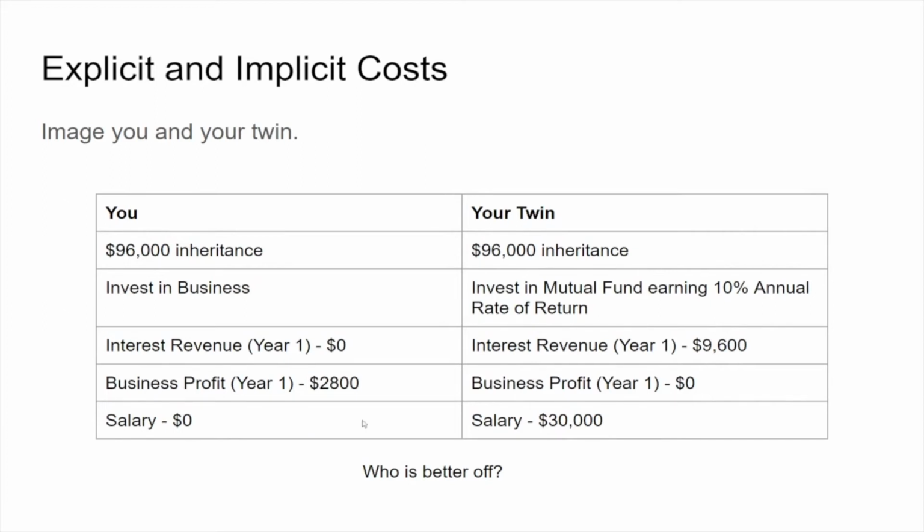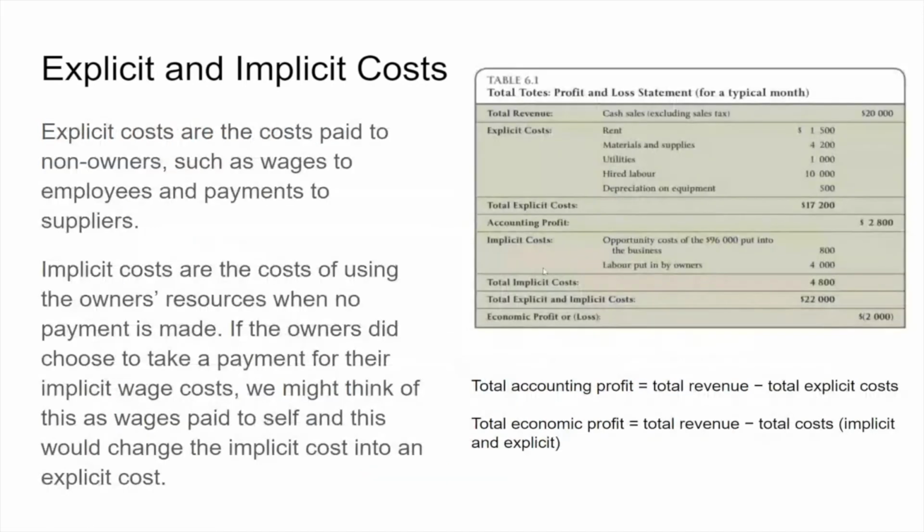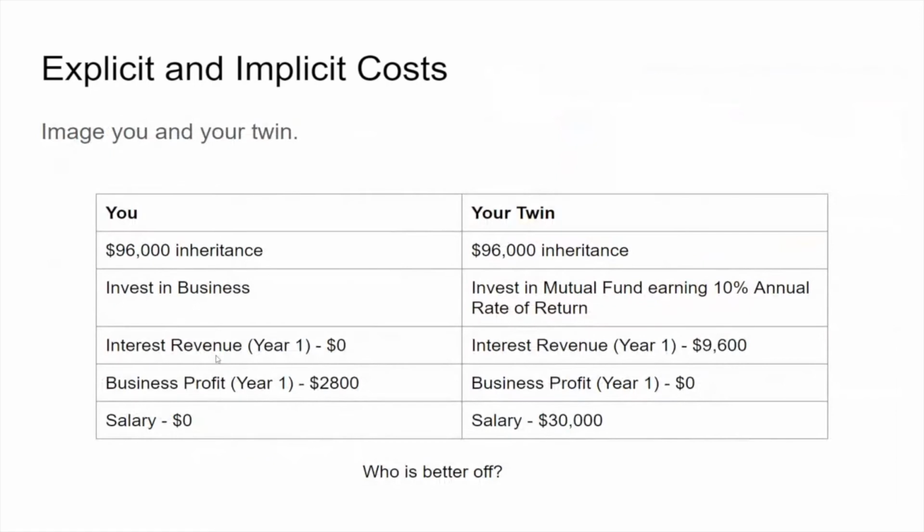Well, okay. Well, you made a business profit, as we see over here, of $2,800. That's nice. But the fact of the matter is, you did not make a salary. Your twin did. So you're already $30,000 down in salary. I would call that an opportunity cost, right?